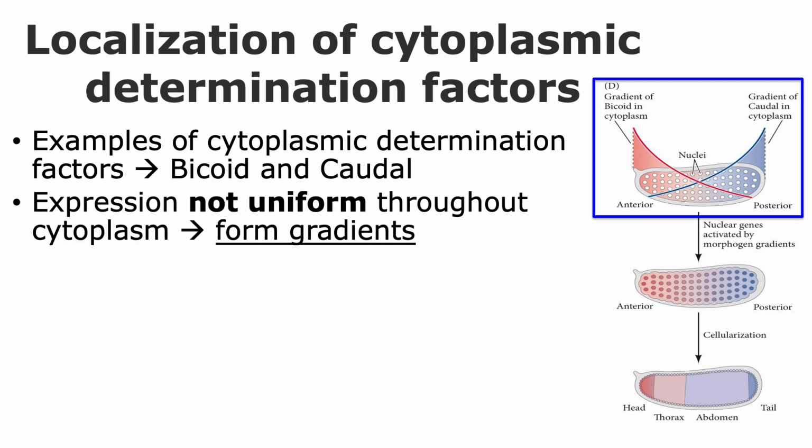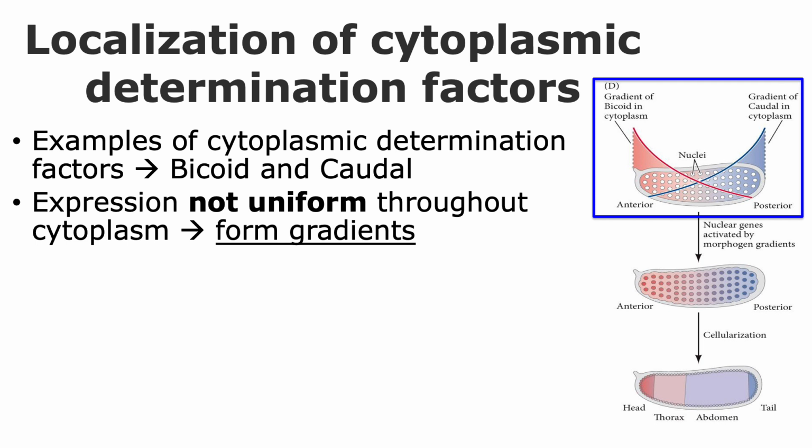They form gradients, and as we can see in the figure in the blue box, in the case of bicoid, its expression is quite high in the anterior part of the syncytium, and its concentration gets lesser and lesser as we move towards the posterior part of the syncytium.